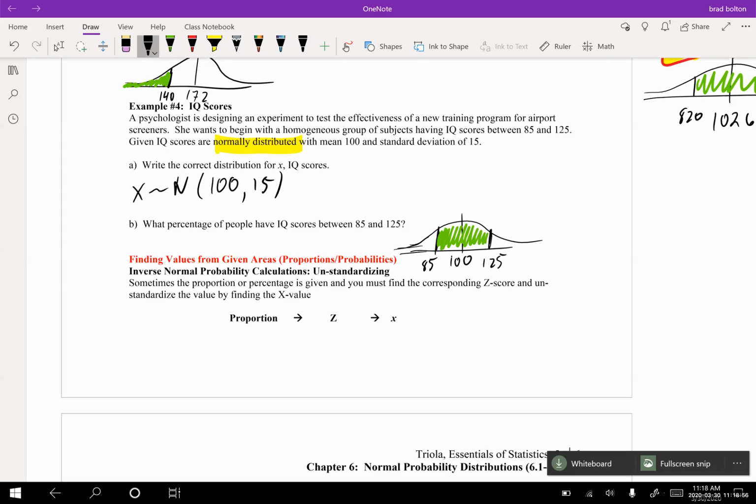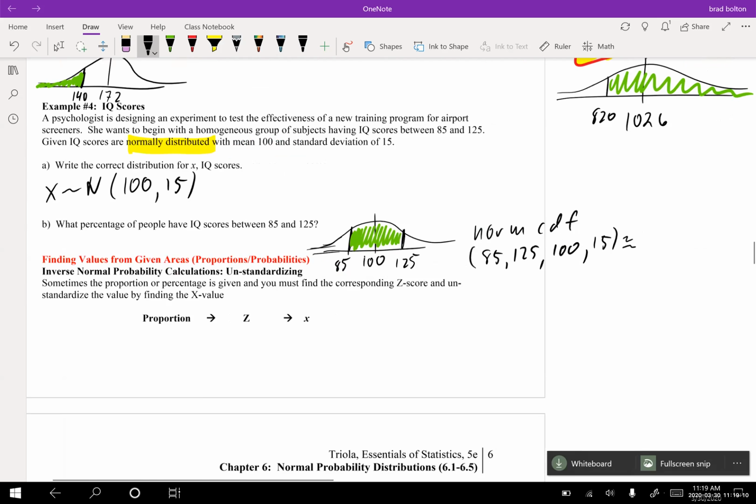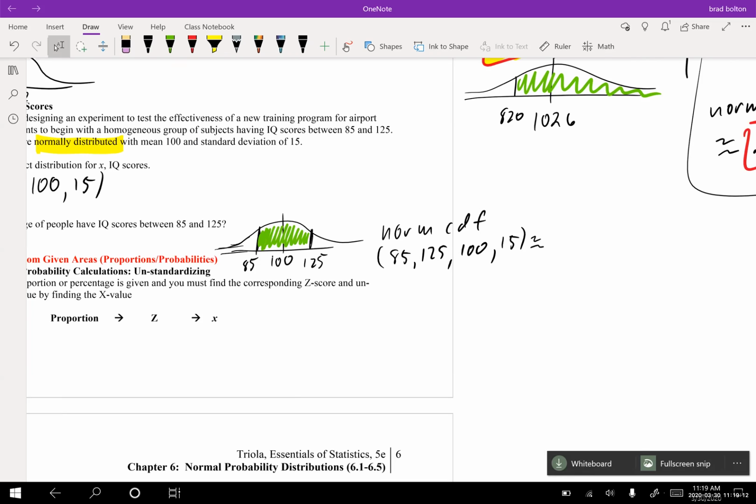So we know how to do this. We do normal CDF, and then we go from 85 to 125, comma 100, comma 15. If we plug this in our calculator, we should get approximately 0.794.